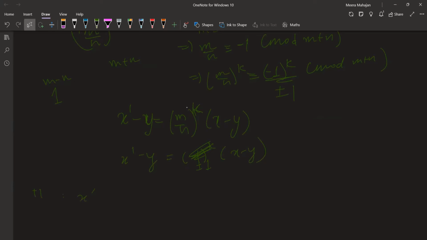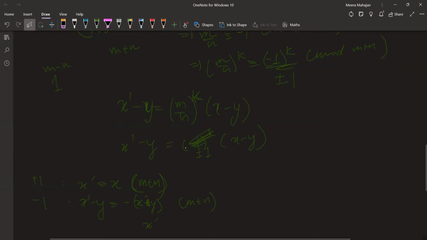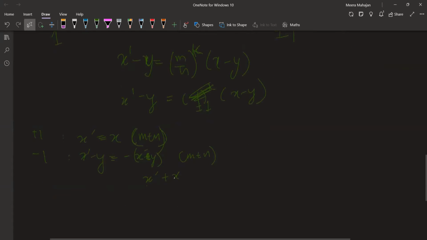If it is plus 1, we get x prime is congruent to x mod m plus n. And if it is minus 1, we get x prime minus y is congruent to minus x plus y mod m plus n. No, it is minus x minus y. Oh, sorry, my bad. Thanks. And if you just rewrite this, you get x prime plus x over 2 is y mod m plus n.